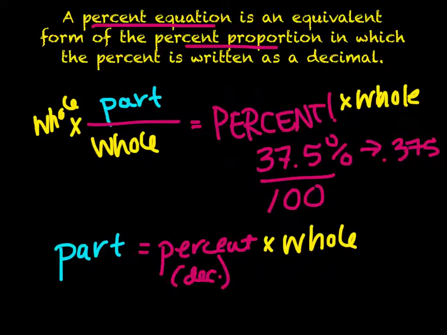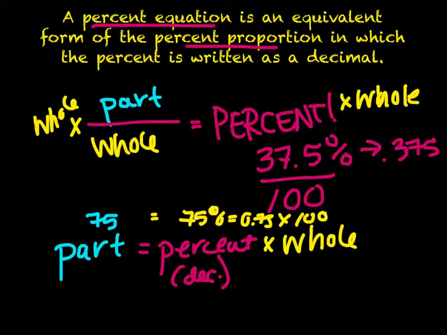So if you needed to find 75% of 100, you would have 0.75 times 100, and you'd get the part, which is 75.